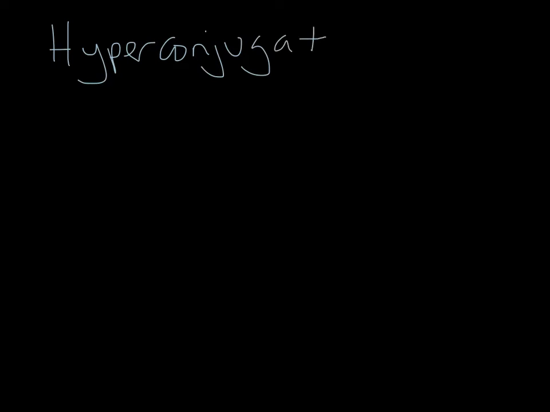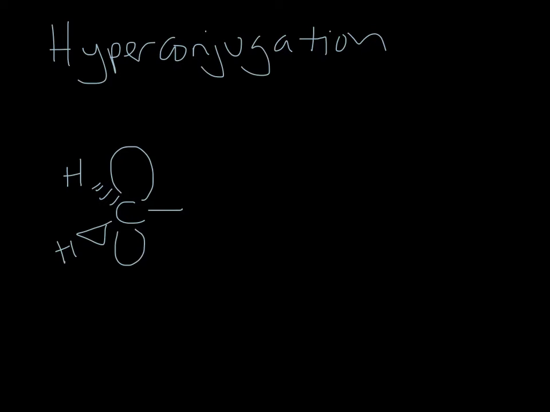Another aspect of stabilization is something called hyperconjugation. This is a little bit involved, so I'm going to draw a picture here for us. So here's my carbocation carbon, and I'm going to draw the empty p orbital on it, and then its neighbor, and I'm going to draw 1 carbon here, and I'm going to draw what the actual orbitals that are part of those bonds look like.